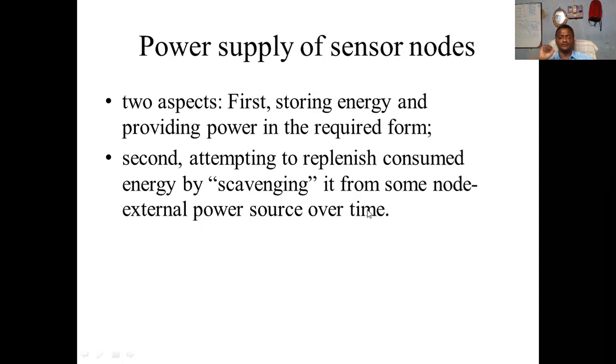So there are two types of power supplies. Number one, you first store the energy, and that energy can be used as required. Second is the scavenging power supply. If the power is lost, the lost power can be grasped or scavenged from an outside energy source.